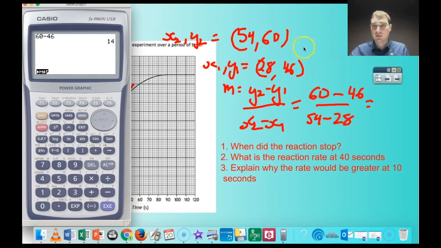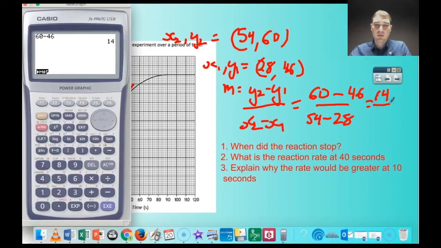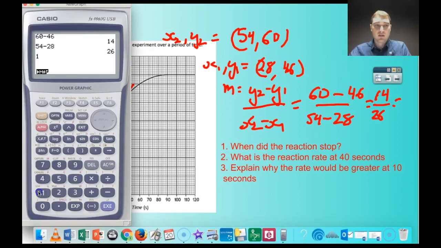Good. So we've got over here 14. It's going to be divided by, so 54 minus 28 is 26. So 14 over 26.